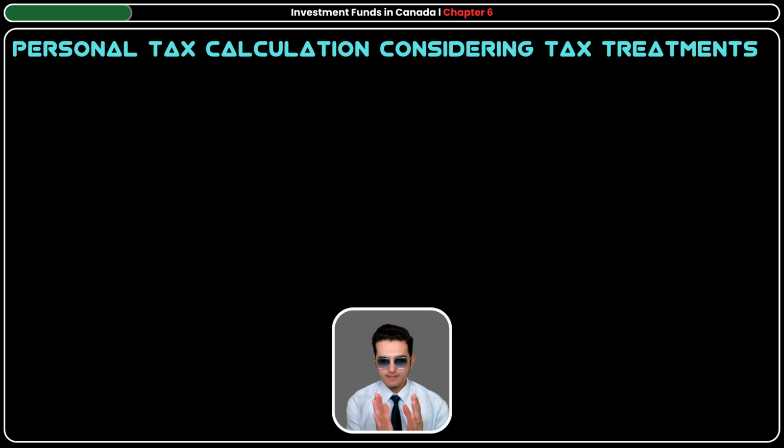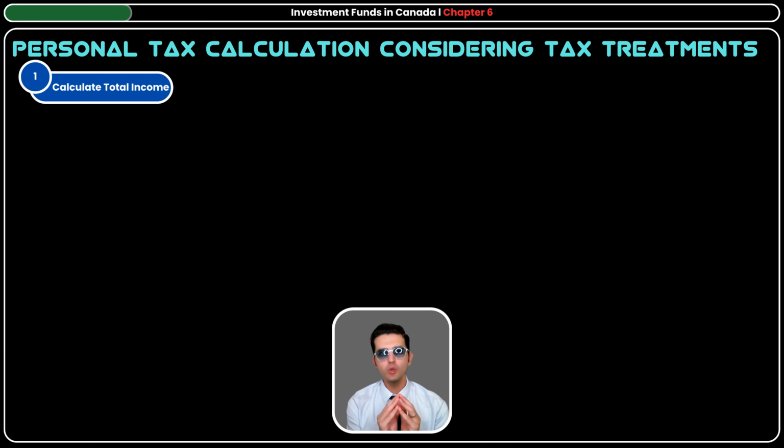Let's say we're going to file a tax. We need to calculate our personal tax. The first step is to calculate total income, like everything you have earned in the previous year.